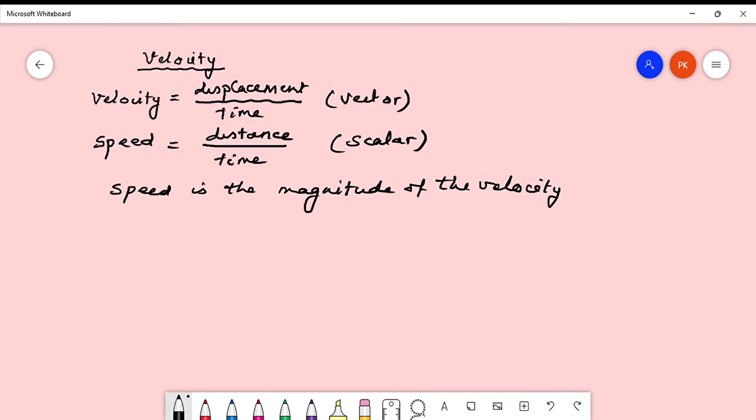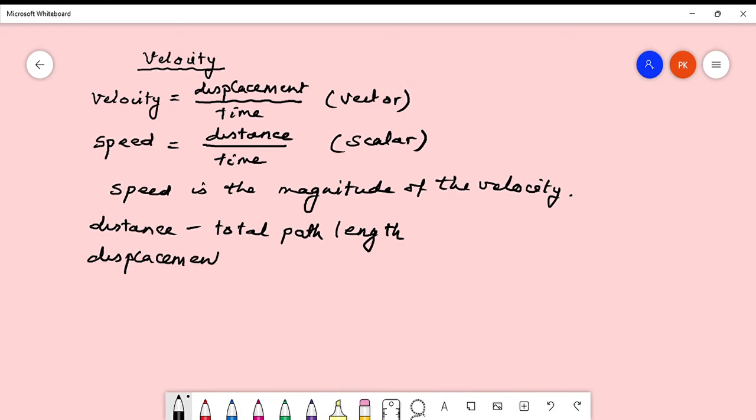In a very similar way, I can also say that, as you know, the distance is the total path length traveled by the particle, and displacement is the distance traveled in a particular direction.